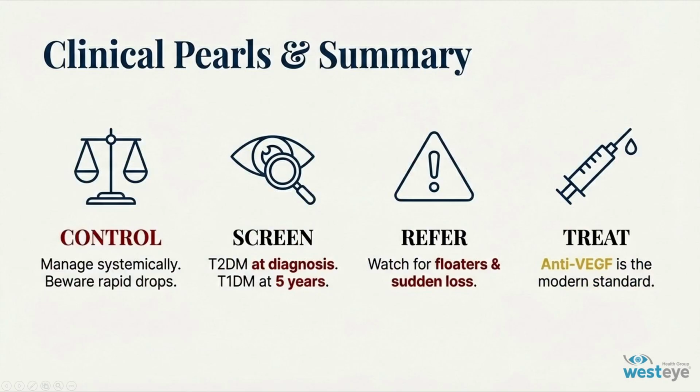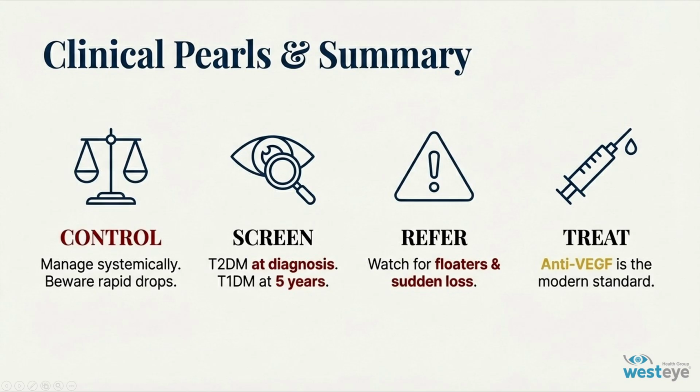We have 4 critical steps in diabetic management. First of them, and the most important for me, is controlling the diabetes, because you should manage these patients systematically, and you should collaborate with other branches. No need to be stubborn, and of course you should be very careful about rapid drops in HbA1c.